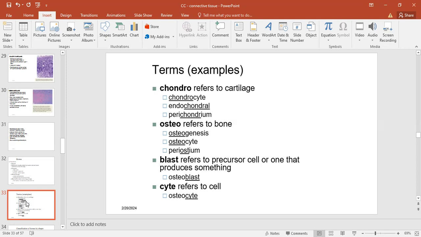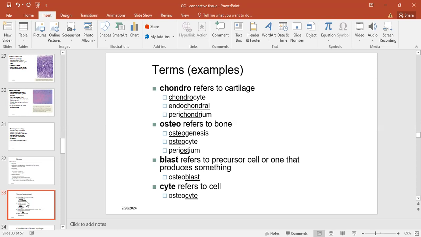Osteo means bone. So anything that you hear with the word osteo, it means it has something to do with bone. Blasts refers to precursor cells, meaning the cells that are actually starting the job. For example, if a human being is in their reproductive stages, then they can be called a blast, something like that.